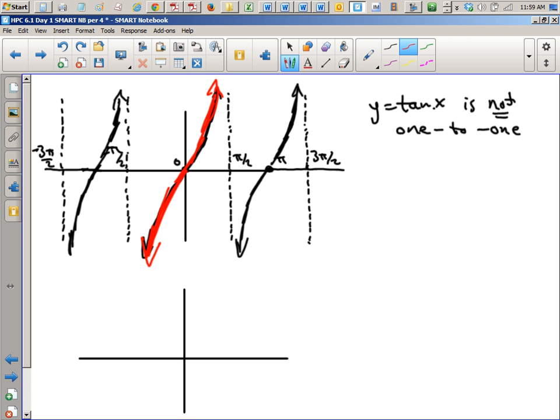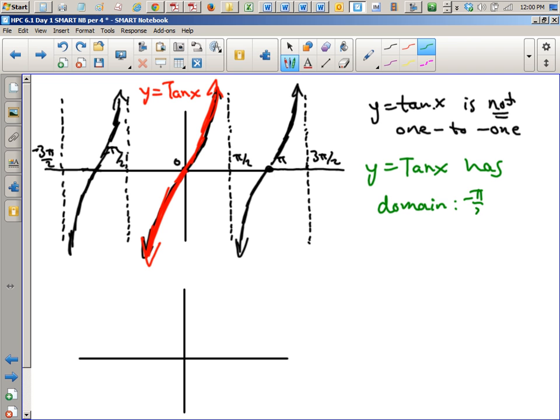So we will go ahead and call this y equals capital tan x, and we'll describe it here. So y equals capital tan x has domain. Careful. Be very careful. We're restricted by 2 asymptotes.